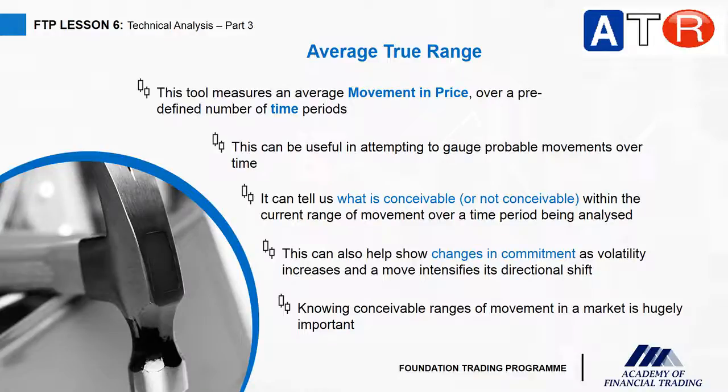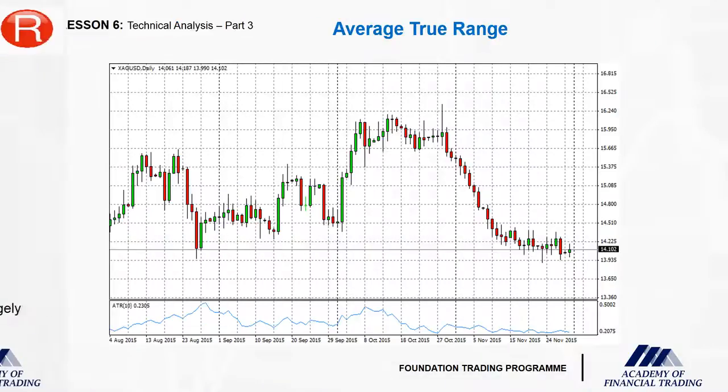So how it's found, the average true range, is just the average of the high and the low over a fixed amount of time. So it gives us, like I said earlier, the momentum of a market. Okay, so here we can see a market, and down here we have the average true range. We can see it's currently at 14.102, but it's varied hugely.